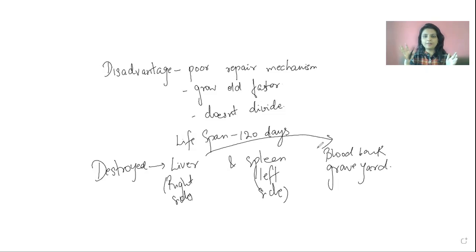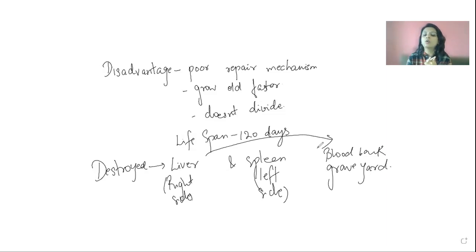Now, your question will be, how does the liver know, because blood is circulating, that these RBCs have become old and need to be destroyed? As I told you, one of the prominent characteristics of a red blood cell is that it is very flexible, and that's why it enters into the capillary.